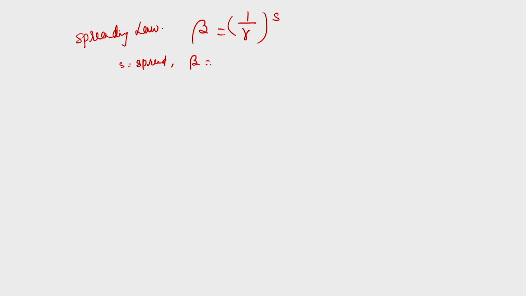The spreading law is beta equal to 1 by gamma, the whole raised to S, where S is the spread and beta is the spread ratio, defined by W1 by W0, because spreading is in the radial direction, and gamma is the skews ratio, which is nothing but how much it is compressed, H1 by H0.